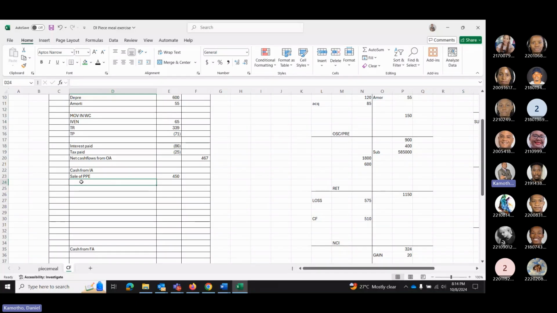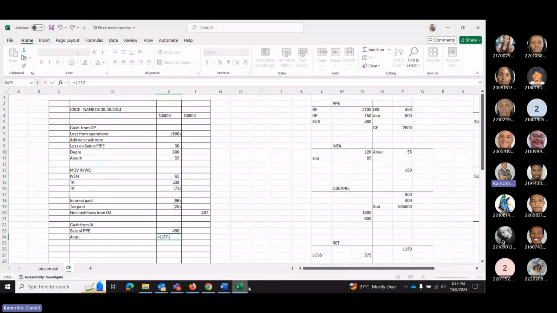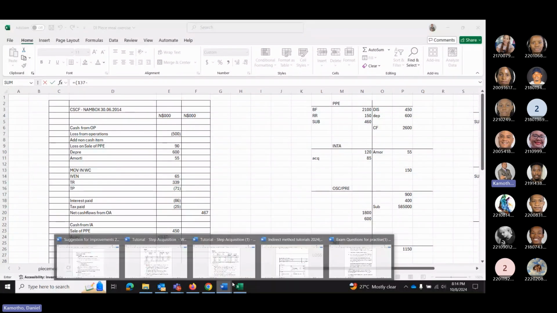Then there is another one, which is acquisition of the subsidiary. Acquisition of the subsidiary is the amount that we give out, which is 137,000, minus the amount that is in there. And the amount that is in there, we look at it from the amount that was there on the date of acquisition.